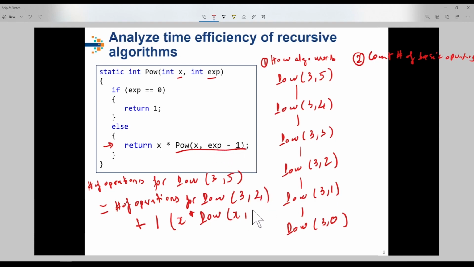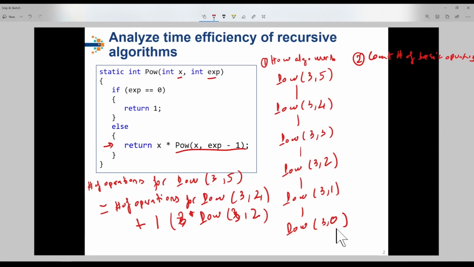So in here, this one is 3, 2, and 3. So this is one more operation. In order to get this 3, 5, we need to count the 3, 4 plus 1. And the same thing, in order to get 3, 4, we need to count for 3, 3 plus 1. And in order to get 3, 3, we need to count for 3, 2, which asks us to count for 3, 1, which asks us to count for 3, 0.